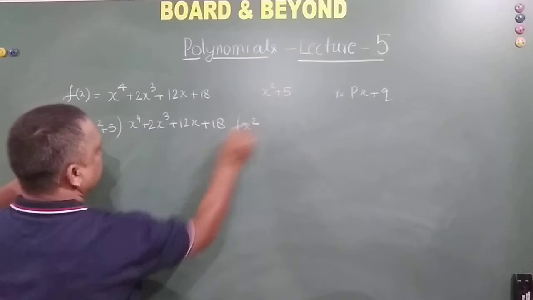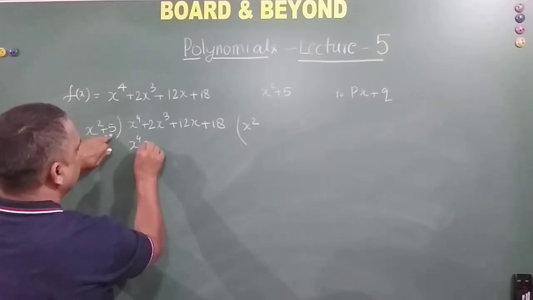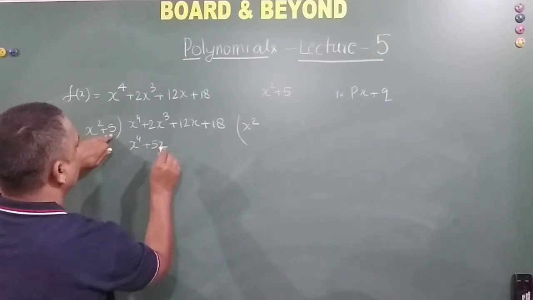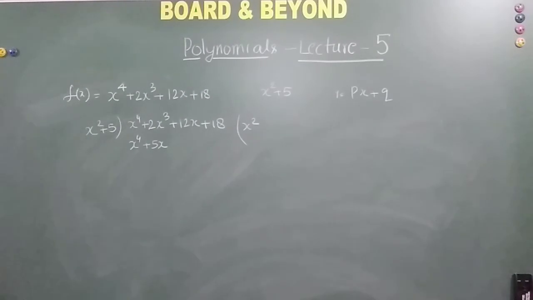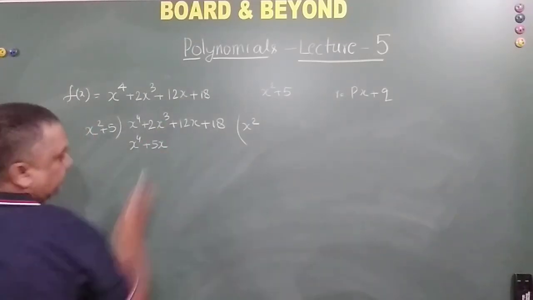So let's get going. x square, so this becomes x raised to power 4 and this becomes plus 5x square. So x square is not there here, right? Let us write it separately then.